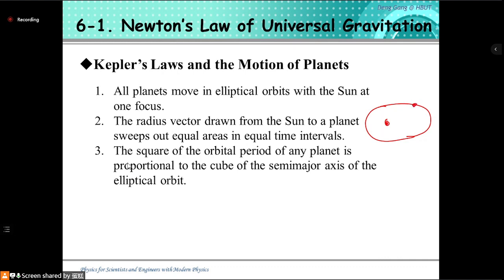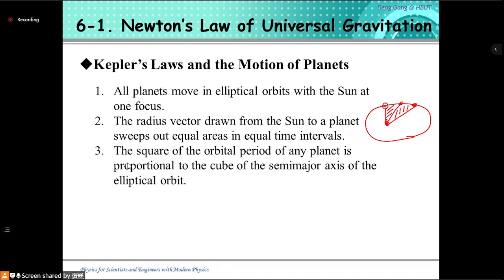After 1 month, the Earth is here. The area swept by the radius vector from the sun to the planet during a month, and then another month, the Earth is here.